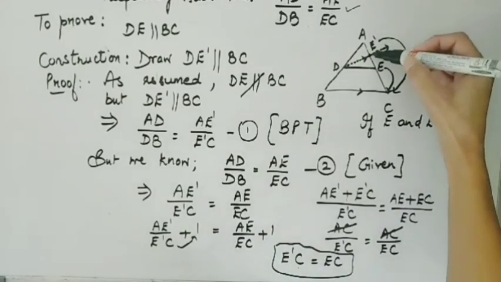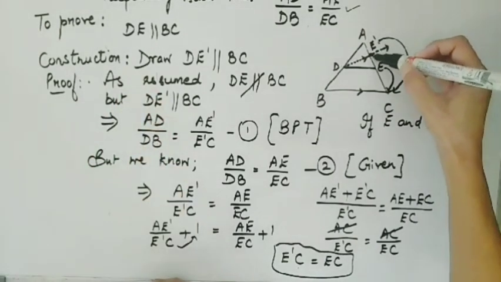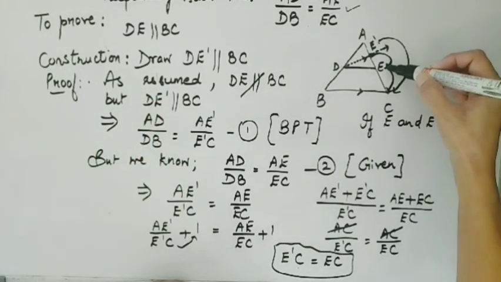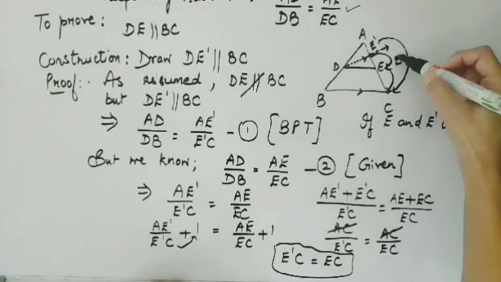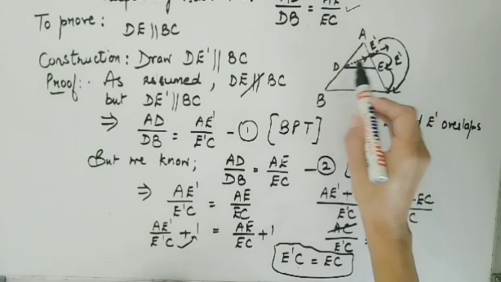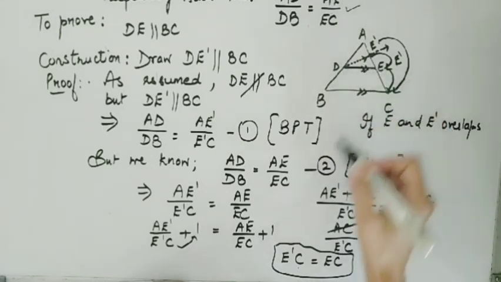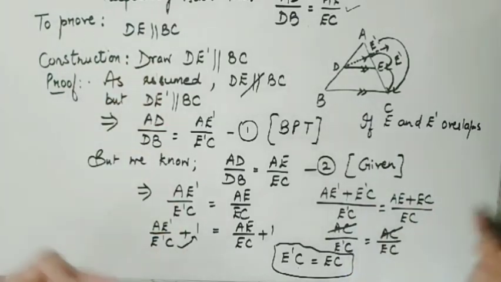And if they are overlapping, E dash cannot be a distinct point. E dash has to lie on E. And if E dash lies on E, then DE dash is DE, parallel to BC. So that's how the converse can be proved.